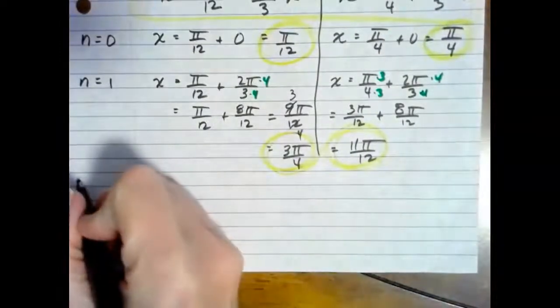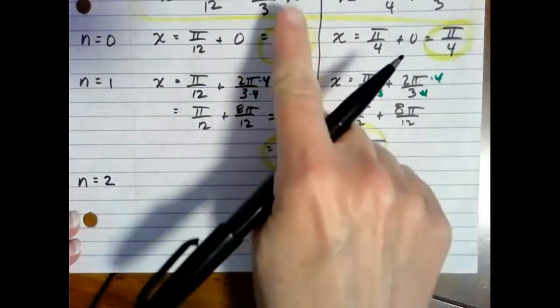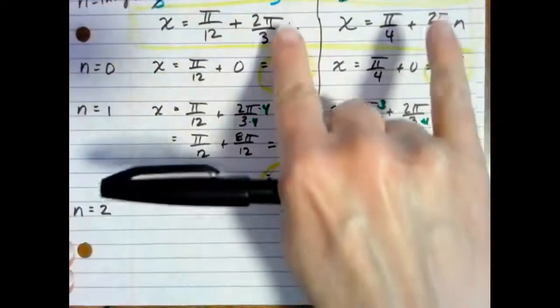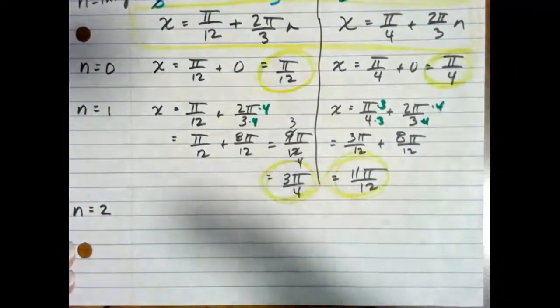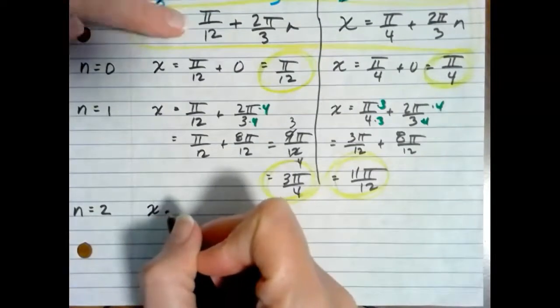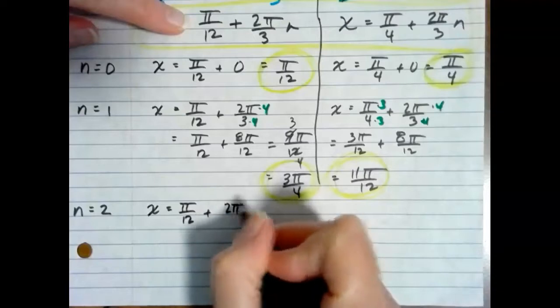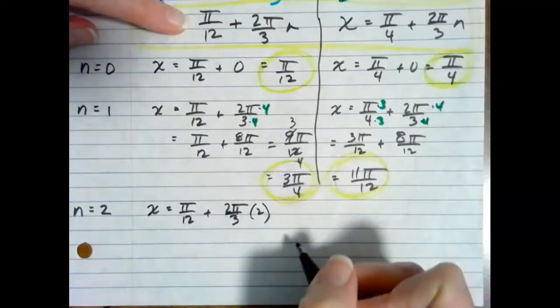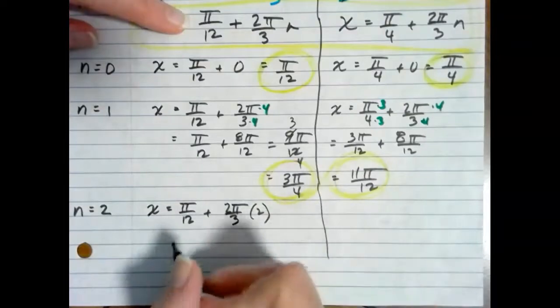Now let's plug in n equals 2. Remember, we're plugging it in here and there in order to generate specific solutions. So x equals pi over 12 plus 2/3 pi times 2. And of course, 2/3 pi times 2 is 4/3 pi.